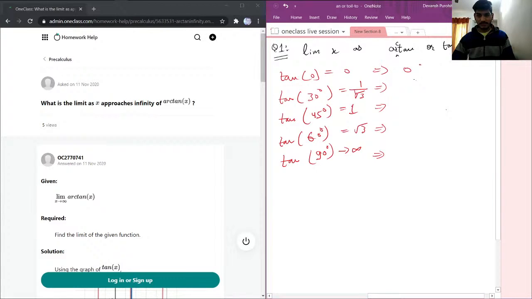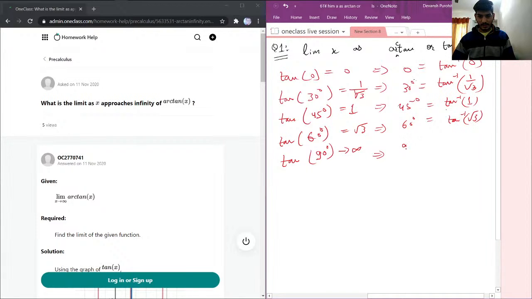Then I will get 0 equal to tangent inverse of 0, 30 degree equal to tangent inverse of 1 over root 3, 45 degree, which will be tangent inverse of 1, 60 degree, tangent inverse of root 3.